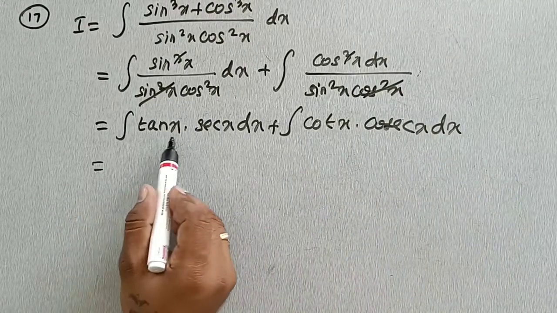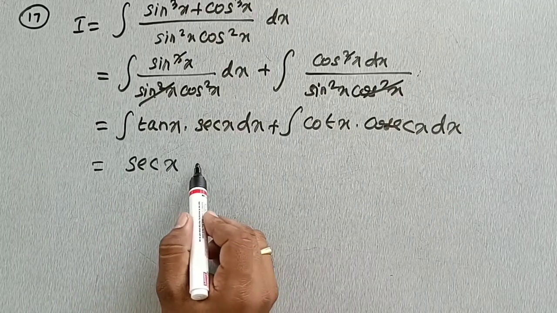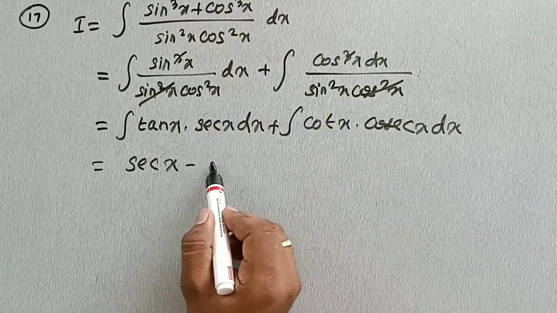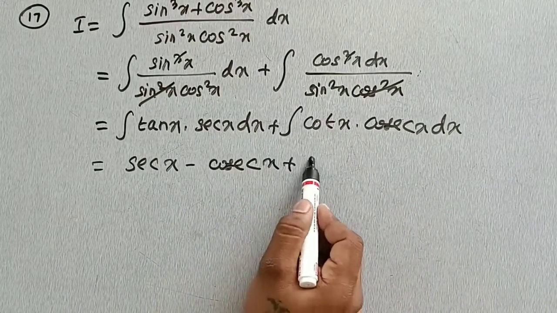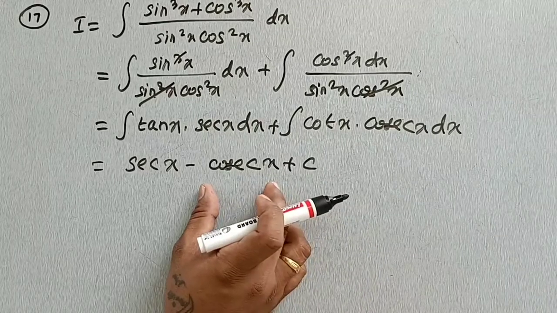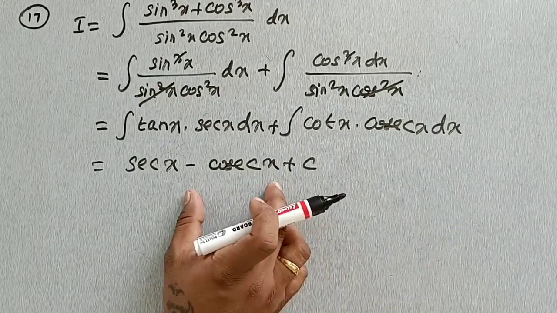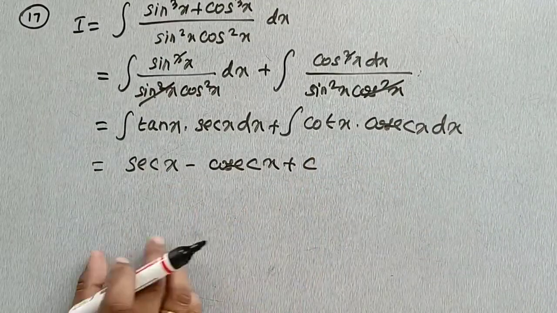So integral tan x secant x equal to secant x. Here integral cosecant x cot x equal to minus cosecant x plus c. Differentiation of cosecant x equal to minus cosecant x cot x, or differentiation of minus cosecant x equal to cosecant x cot x, that I used here. Clear? This is the answer.